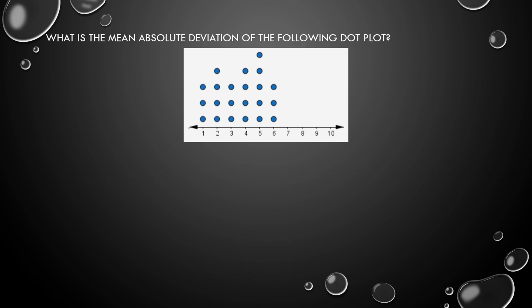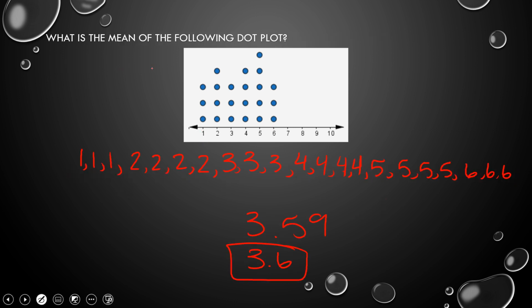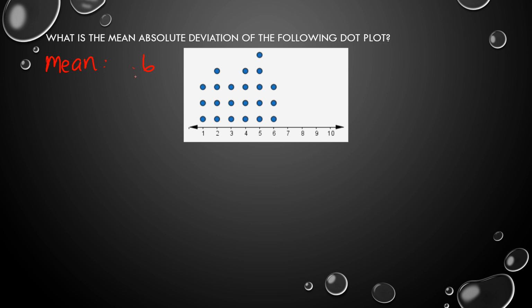Next question is asking, what is the mean absolute deviation, or MAD, of the following dot plot? So in order to figure this out, remember, first we need our average, or our mean. Our mean for this data set we already found out was 5.6, I believe. Oops, 3.6.